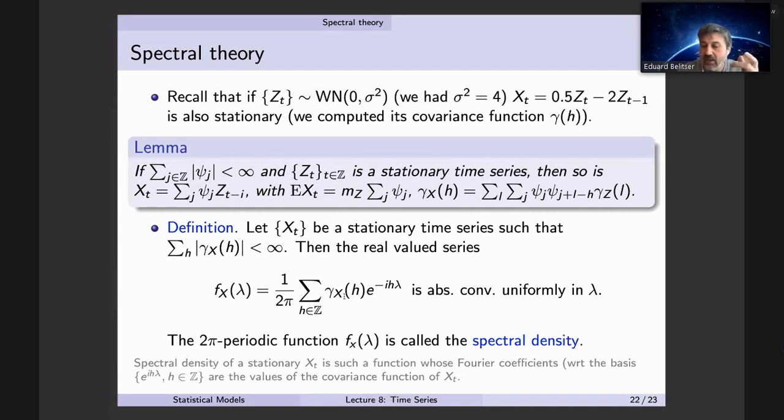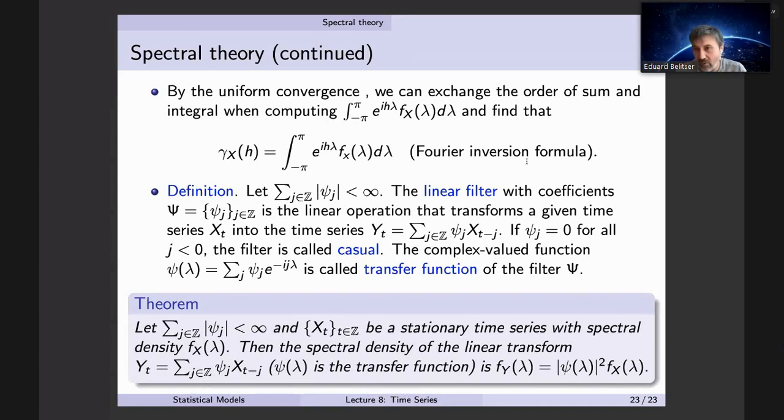So this is a Fourier transform, and this is the Fourier inversion formula. We can go from the covariance function to the spectral function and back. This is a one-to-one correspondence through the Fourier transformation. Again, so what did we gain?